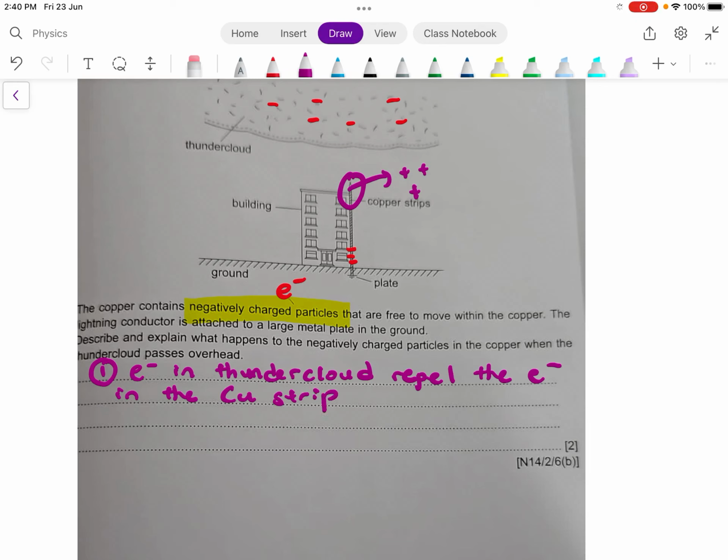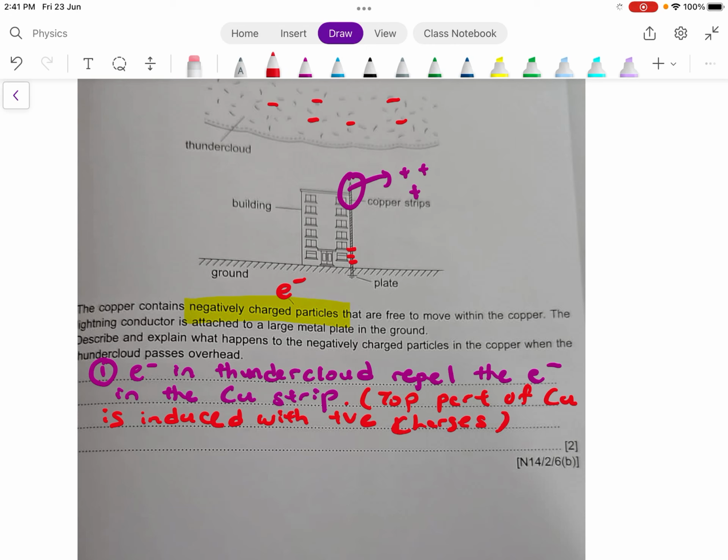Then you want to add on that the top part of the copper is induced with positive charge. Why do I say induced? Induced means that it's not the positive charges that move, because positive charges don't move. It's only the electrons that move. So that's the first credit.